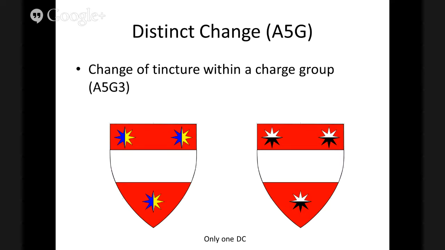Somebody want to blazon these? Got it. Gules, a fess argent, three mullets of eight points, two and one, but it's three mullets per pale. Oh, but you do the per pale at the end, don't you?